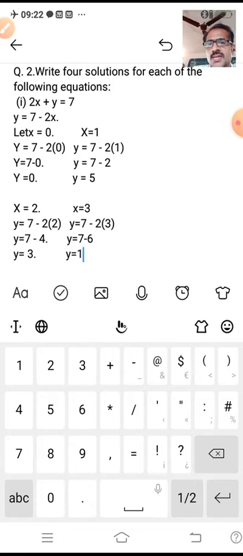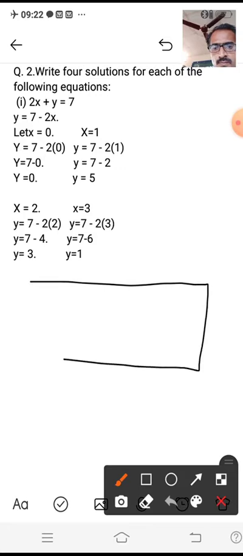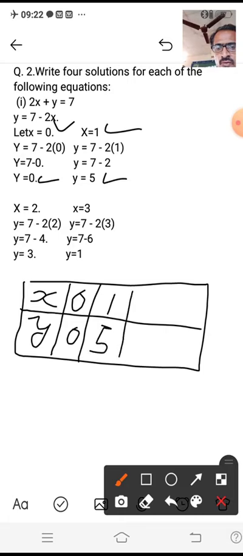Okay, so here we have different values of x and y. See what is asked of us: write 4 solutions. So we'll make a table, or we'll write these 4 solutions in the form of a table. Here it is x, here it is y. For x equals 0 we have y equals 7. For x equals 1 we have y equals 5.